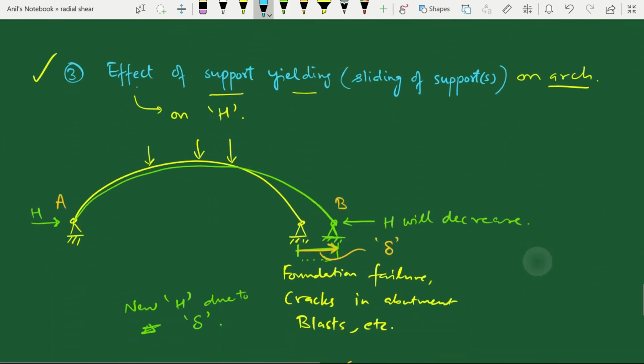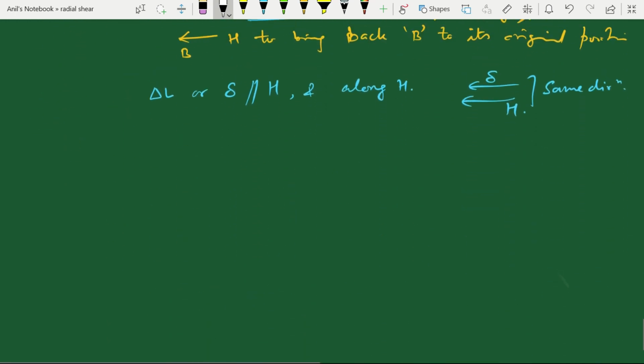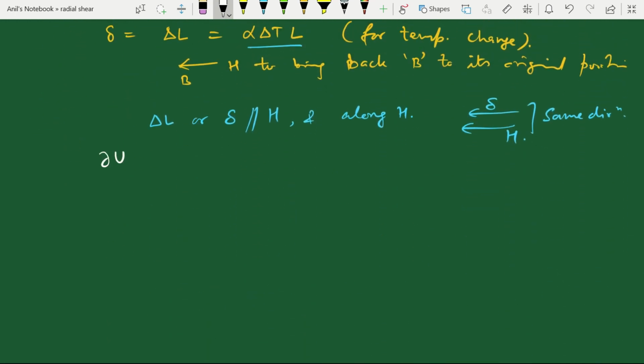But here what is happening? Delta is outward, that is, support yielding is outward, and H is acting opposite, that is, horizontal thrust is already there and it is opposite to delta. Because of these opposite directions, there will be a change in the formula for delta.